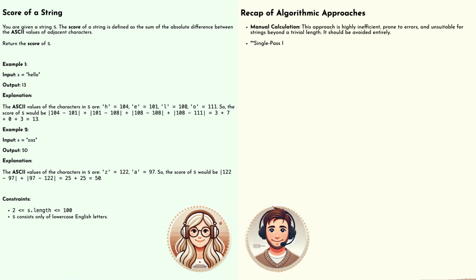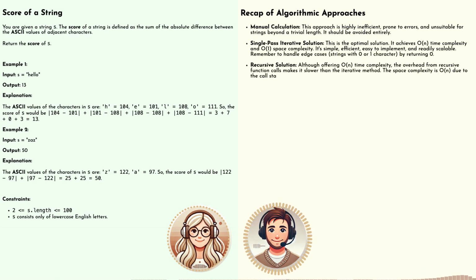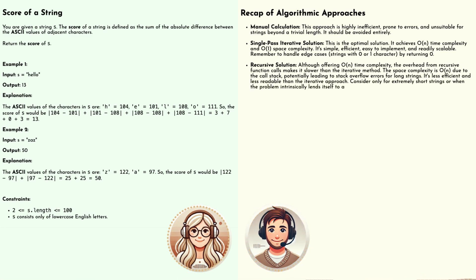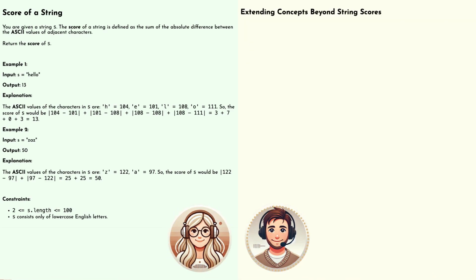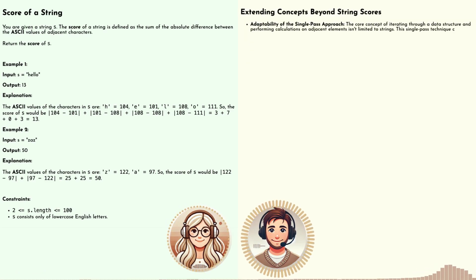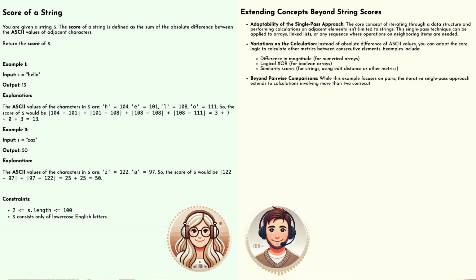This has been a fantastic deep dive. We've not only learned how to calculate string scores, but we've also gained insights into different algorithmic approaches, their strengths, their weaknesses, and really the art of choosing the right tool for the job. Couldn't have said it better myself. Well, what's even more exciting is that these concepts extend far beyond this specific problem.